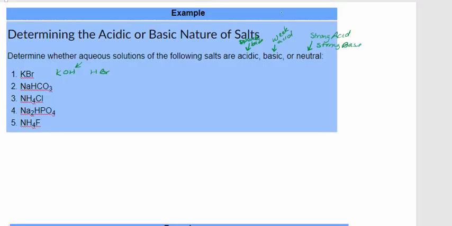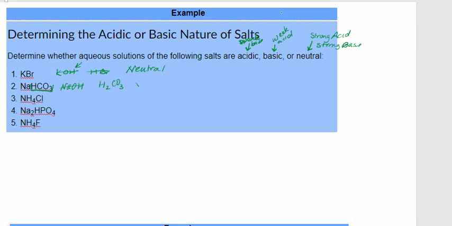For sodium bicarbonate, if we have sodium hydroxide, that's strong, so I'm going to mark it out if it's strong. And then if I have this value, this is a weak acid. So because we have the anion of a weak acid, that would make a basic solution.